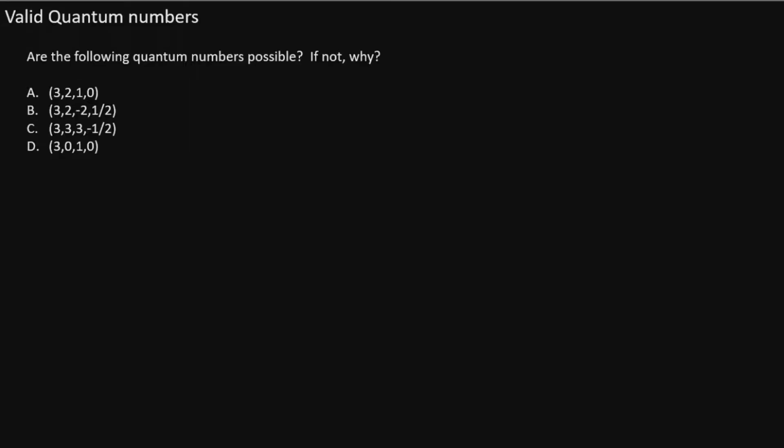Let's take this concept one step further and determine if these sets of quantum numbers are valid. The quantum numbers are always given in the order N first, then L, then ML, and then MS. We'll check all 4 numbers, starting from N and working our way across.